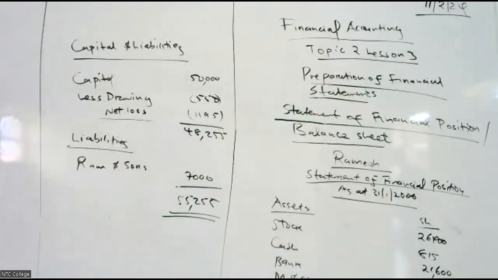So when you are given a debenture, make sure you put it under long-term liability. Then profit sharing ratio will not fall anywhere in your financial statement. Are we together?